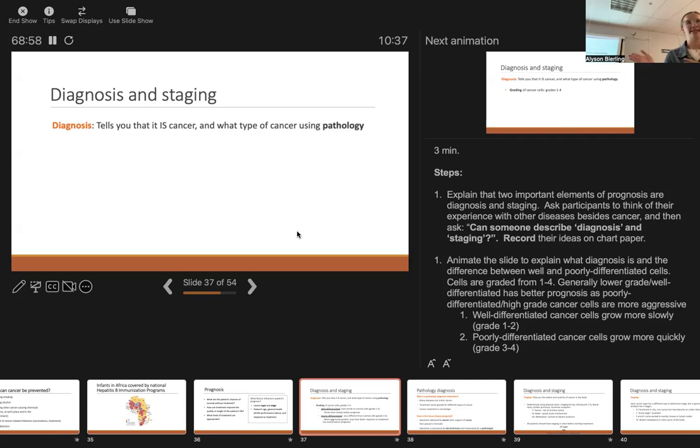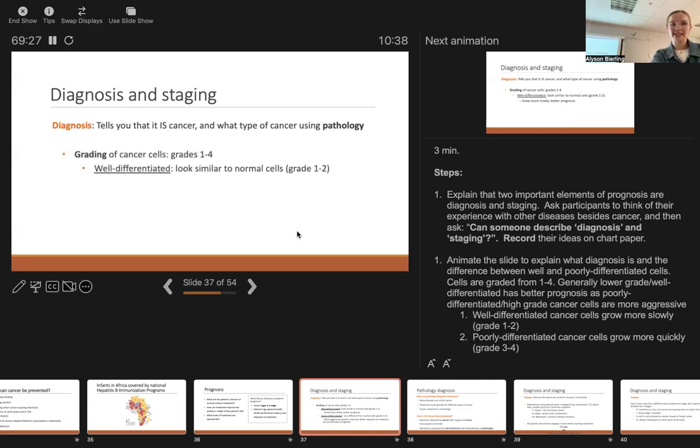Then we send it to pathology for them to tell us, yes, this actually is a malignancy, or no, this is a benign mass or tumor. The pathologist can also tell us exactly what type of cancer the patient has.